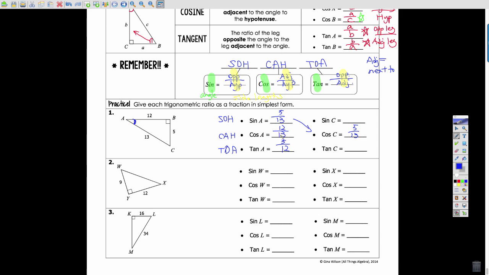Cosine of one angle is the sine of the other angle. And tangent of one angle is the reciprocal of the other angle. That's it. I found my 6 trigonometry ratios, or in other words, 3 trigonometry ratios for each angle.